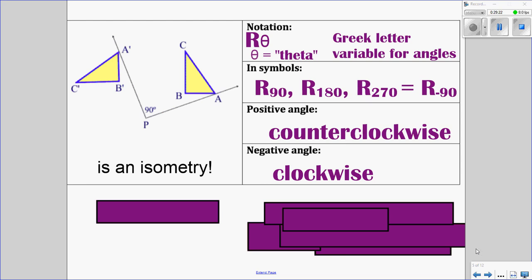That would be negative. So clockwise is negative, counterclockwise is positive. You have the symbol R and whatever degrees they're telling you that you're rotating. And this symbol is a variable for angles, and it's theta. And like reflection and translation, rotation is an isometry because it does not change its shape or size when you move it.